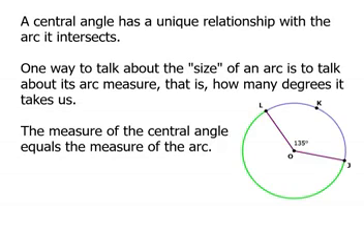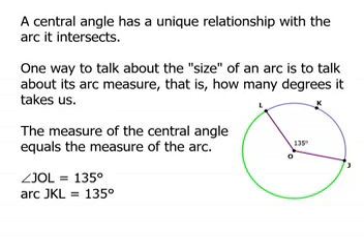The measure of the central angle equals the measure of the arc. So here we have a central angle of 135 degrees, so that arc, JKL, has to be 135 degrees also. This is one of the ways to talk about the size of an arc. The other way is arc length, which we'll discuss in the next video.